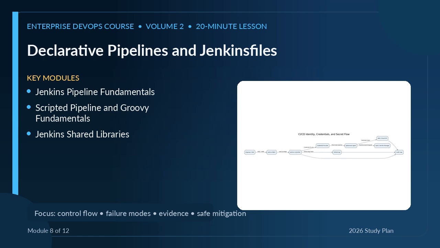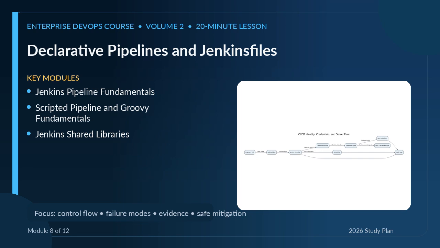The module on scripted pipeline and Groovy fundamentals establishes the following ideas. Scripted pipeline provides full Groovy control and is useful for dynamic workflows, but it can become difficult to govern. Shared libraries should isolate complex logic while application Jenkinsfiles remain declarative and readable.